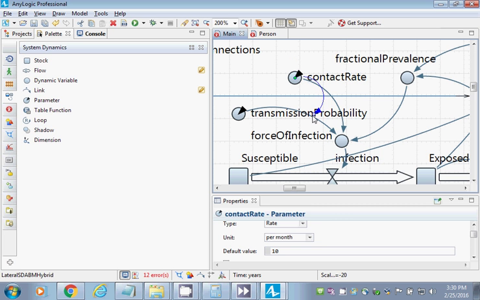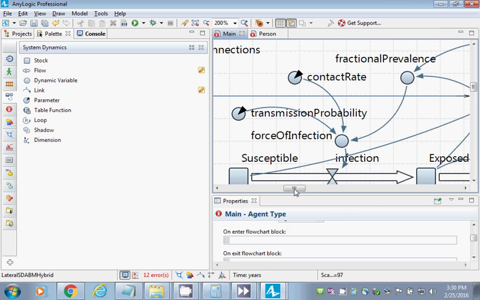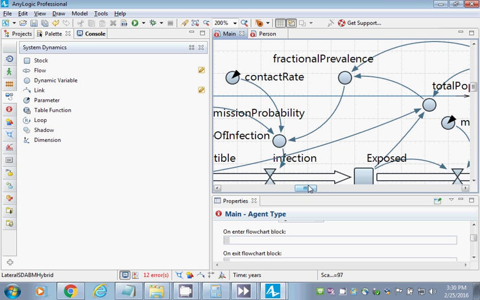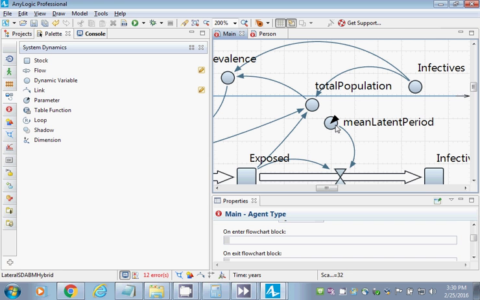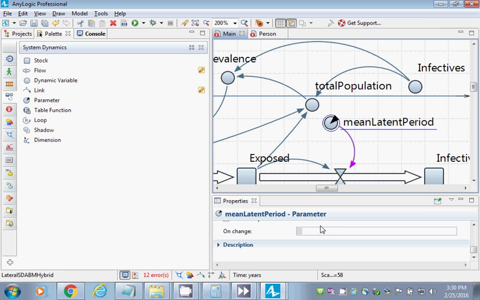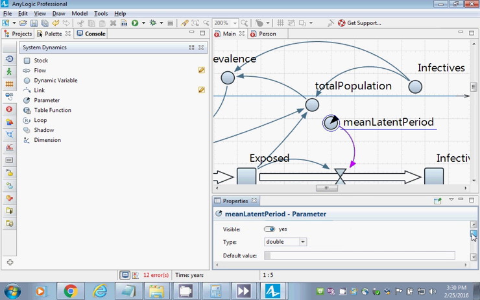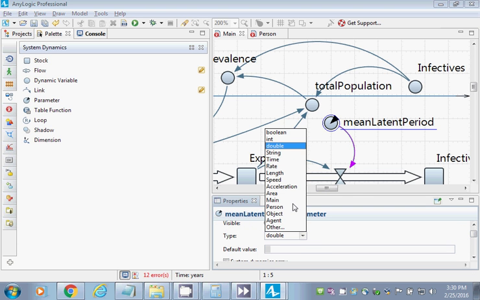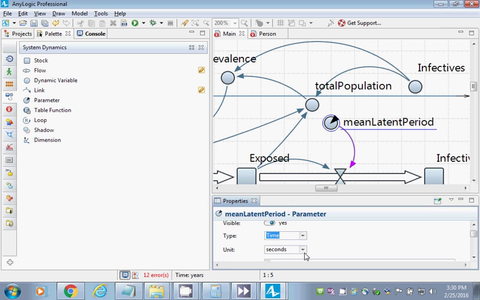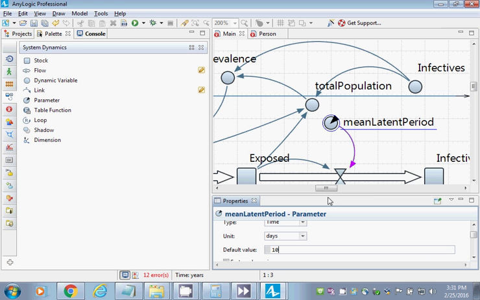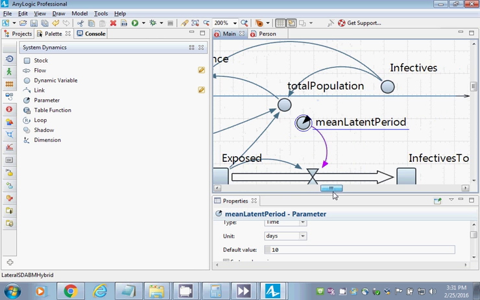Are we okay? Okay. Now we're going to fill in some gaps. So, ladies and gentlemen, for force of infection, going from the left to the right, actually, let's start with the infection flow. Are you ready for that? It'll be susceptible. You might want to look at what's pointing at it.